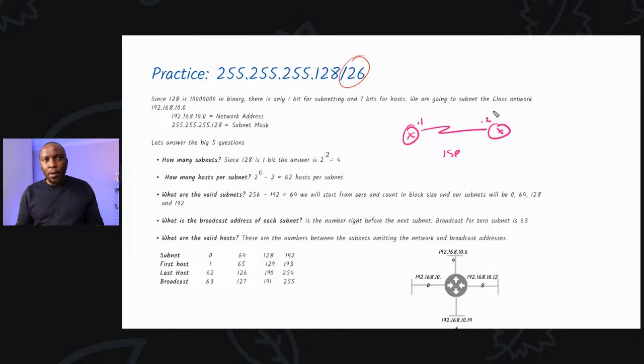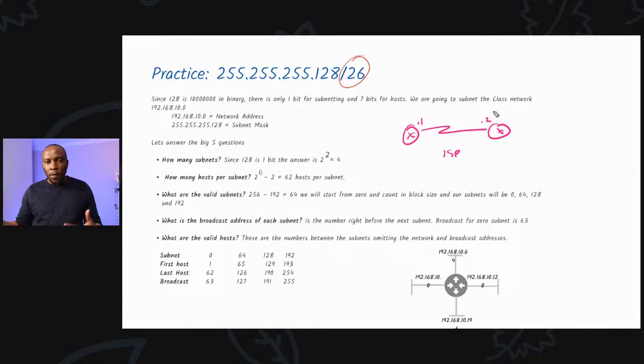And in this case, we want a network that can support only 2 hosts so that we don't waste IP addresses. So the question that we need to ask ourselves is, in order for us to have 2 hosts per network, to what value do we need Y to be, right?